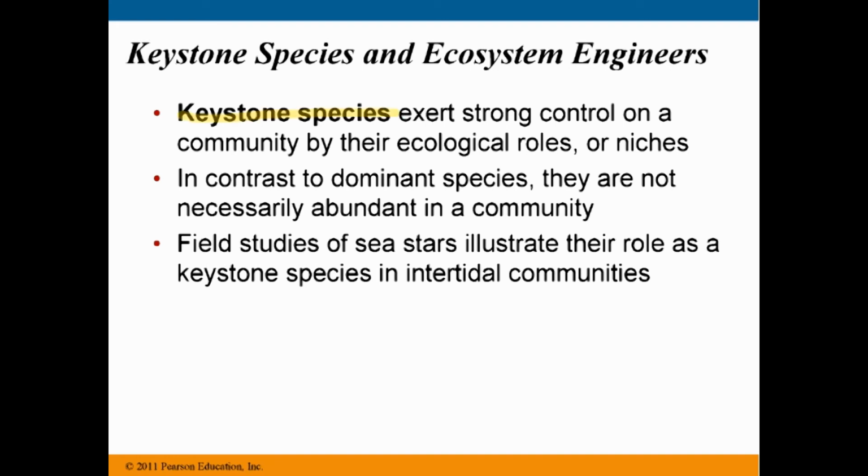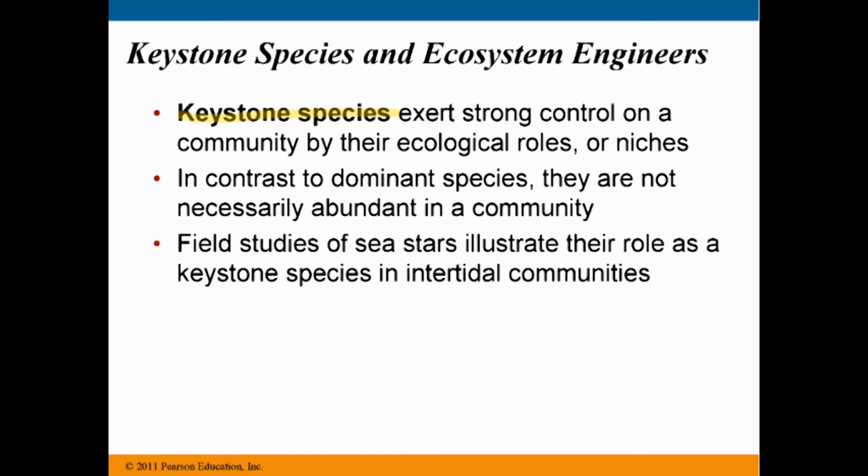Keystone species also exert strong control on the community, but it's done by their ecological role or their niche. In contrast to dominant species, they're not necessarily the most abundant within the community. The keystone species is going to have a very profound effect.